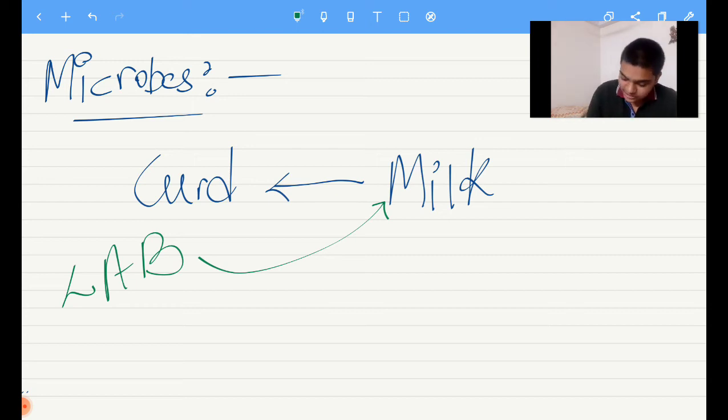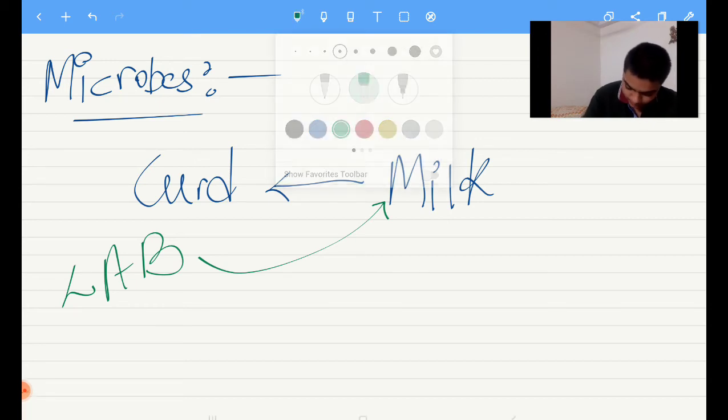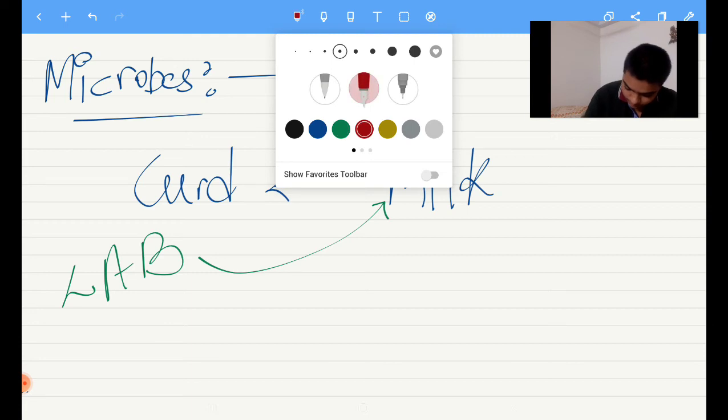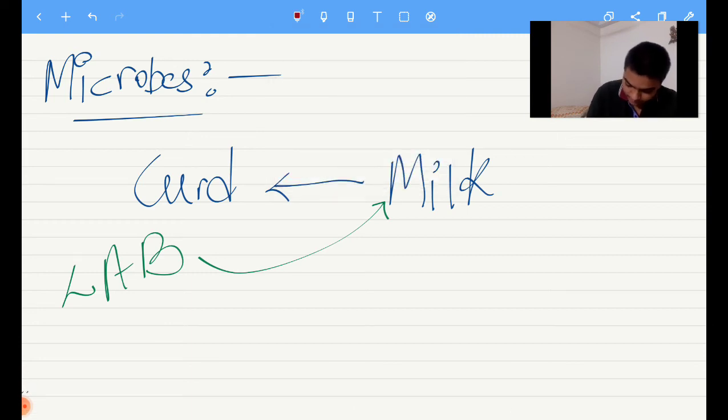Now this is a very important point, very important point guys. It can be asked in any sort of exam. I am writing in a red color.